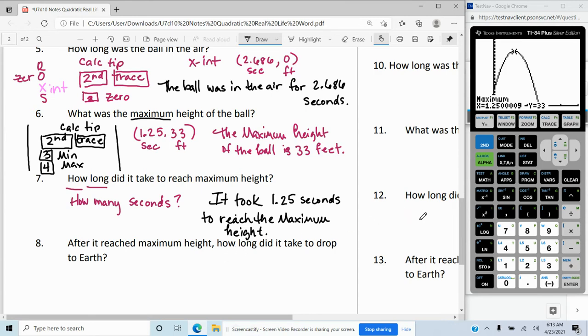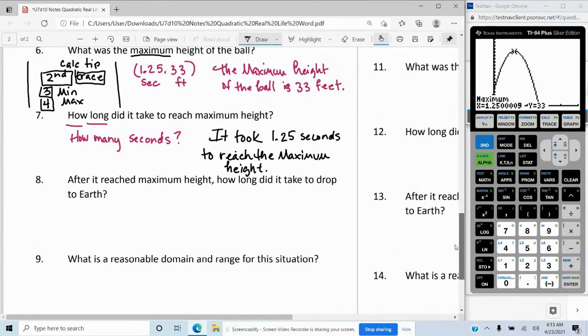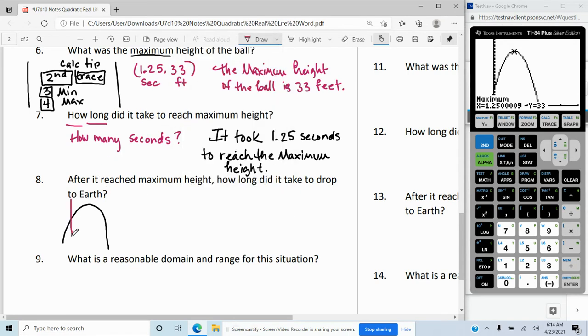All right. I think this is the last one on this particular question. Nope, we got a couple more. Okay, we got 2 more. After it reached the maximum height, how long did it take to drop to the earth? All right. So on this one, this is going to require some thought, okay? Because we know, I'm going to just draw this right here. We had an X and Y, something like this, right?